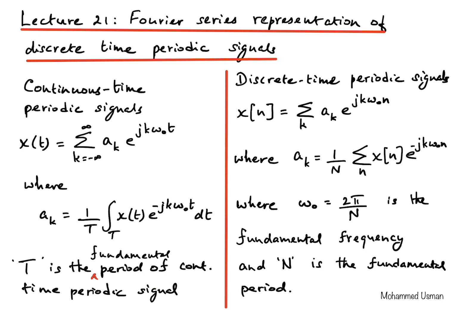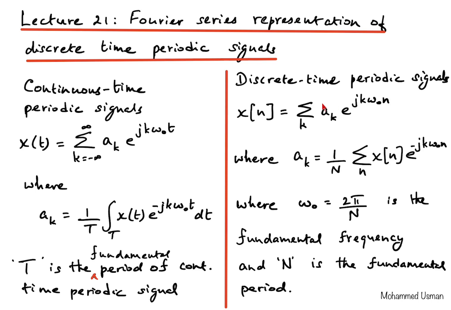Similarly, the discrete time equivalent of the Fourier series equation is the discrete sequence x of n, which is represented as a summation or a linear combination of discrete complex exponentials, which are denoted e power jk omega naught n, where each of the kth terms is scaled by a factor ak, and this ak is called the Fourier series coefficients of the discrete time periodic signal.